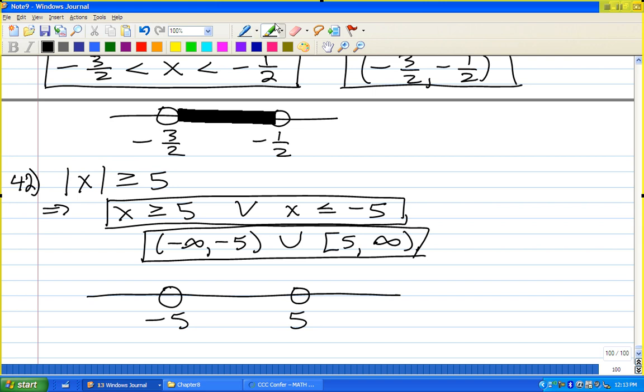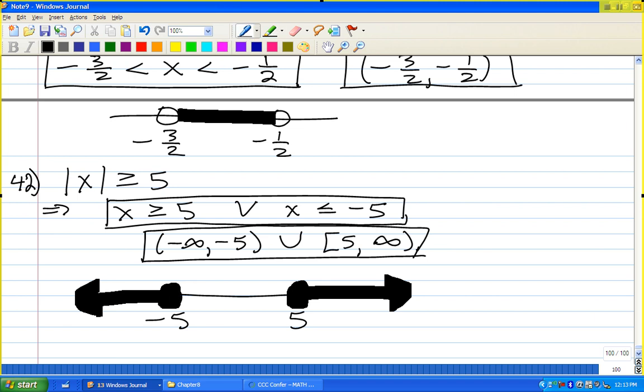It will include everything greater than or equal to 5, and less than or equal to -5. And that is my solution.